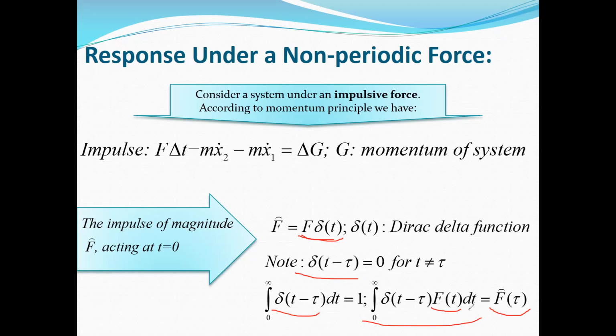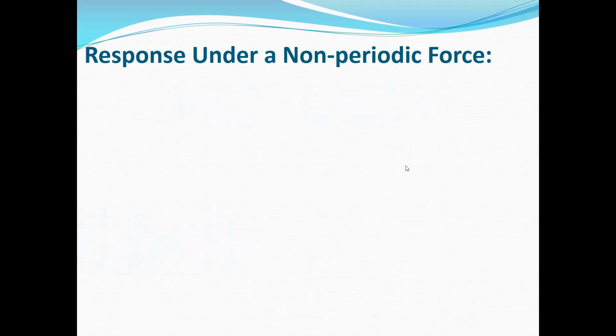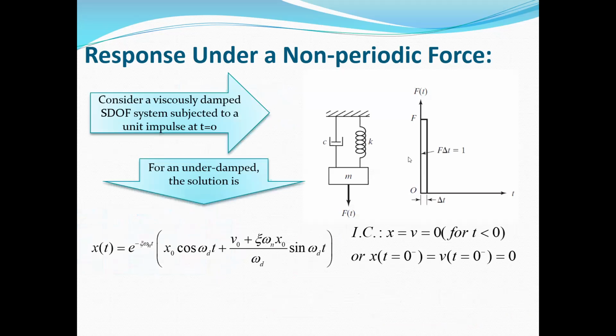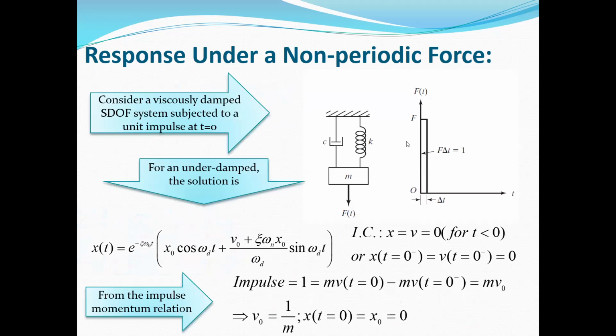So using this integral and this equation, we will find the response of the system subjected to a general excitation or general external force. These are only some mathematical equations that we will employ to extract the response of the system subjected to general loading.